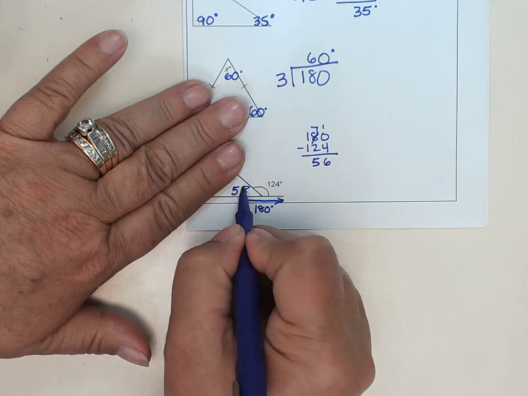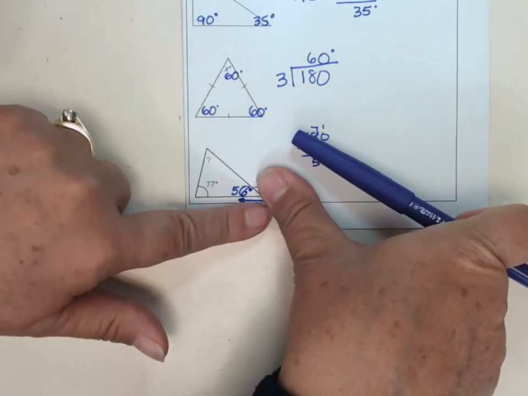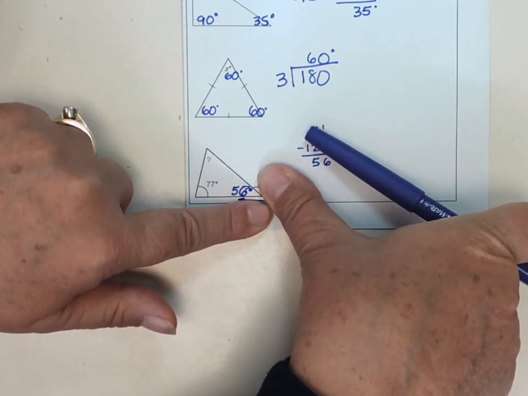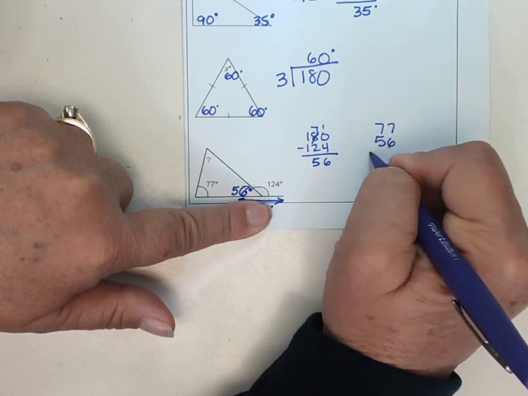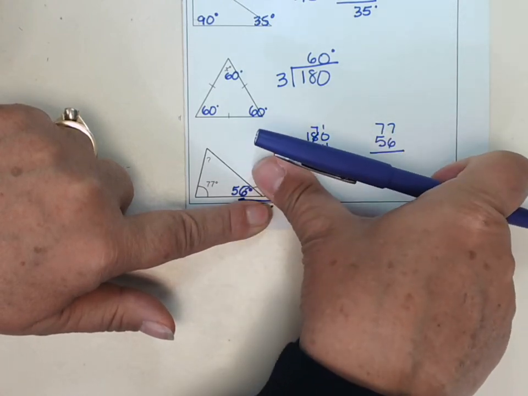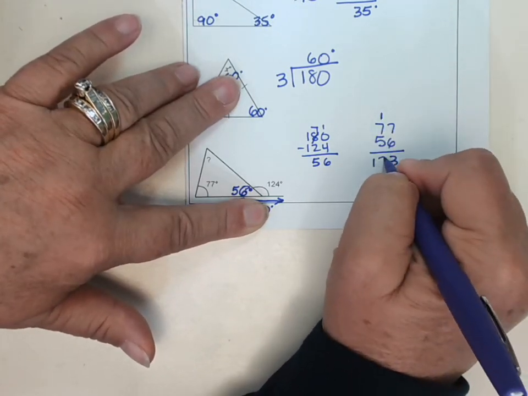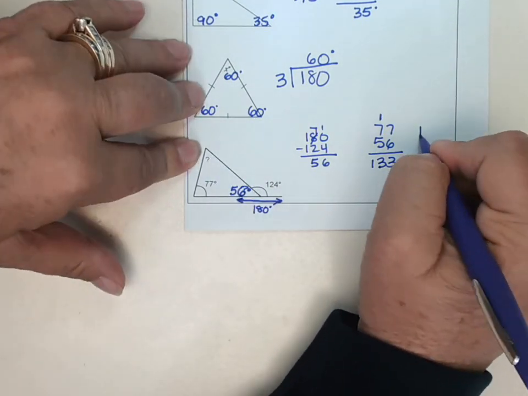So this angle right here is 56 degrees. Now we have two of the three angles. Okay, so we have 77 and 56, those two right there, and that equals 133. Now we can take that away from 180 to get that top number.